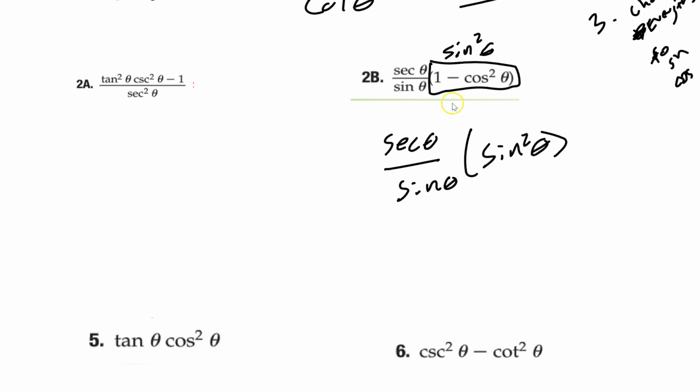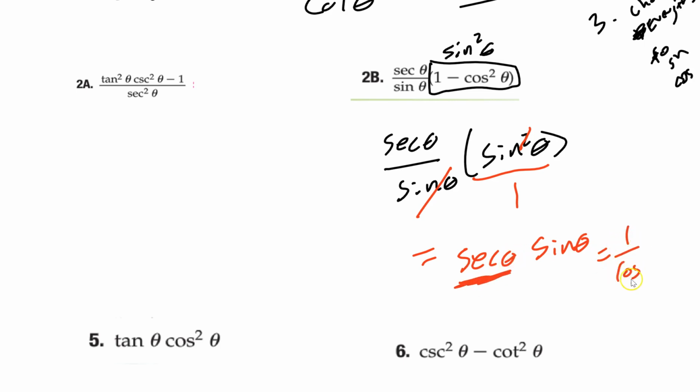If you look at what happens next, we have sine squared, which is just a number, so it's over 1. Sine squared and sine cancel out, and I just get secant times sine. Like I'm done. Not really though. You could change this. Secant is the same thing as 1 over cosine, so you get sine over cosine.